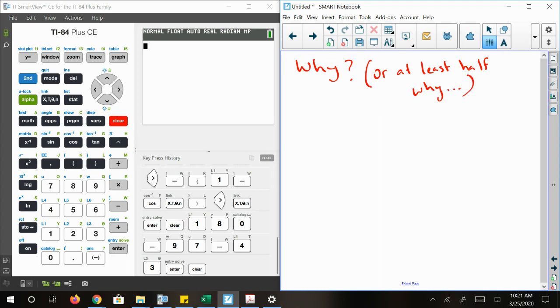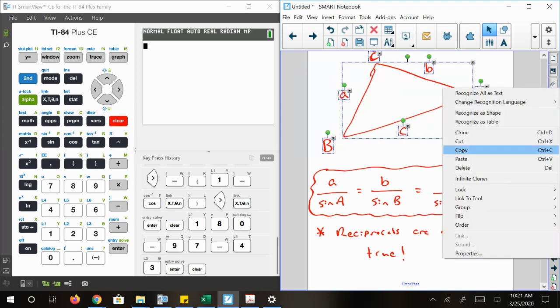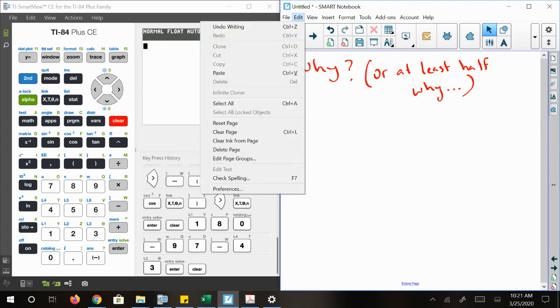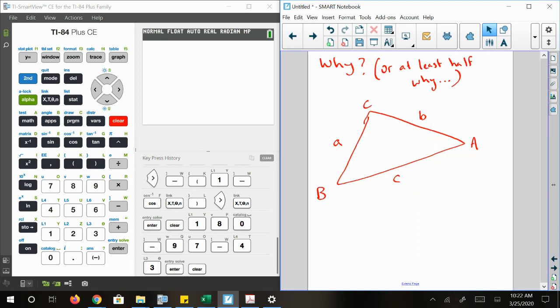So to help us prove this, I'm going to go back to the picture that I drew and fill in a little bit of information.